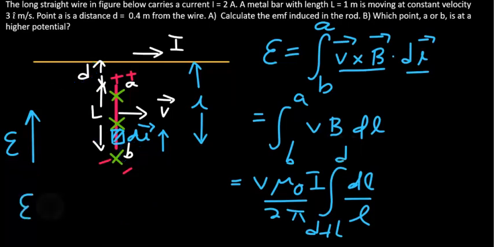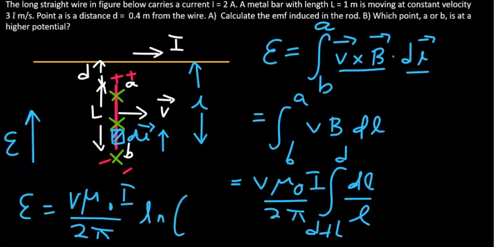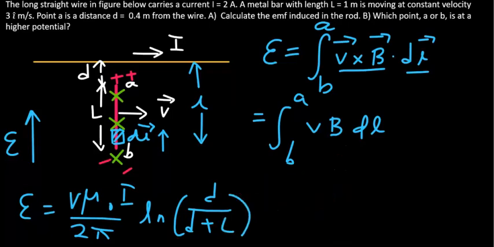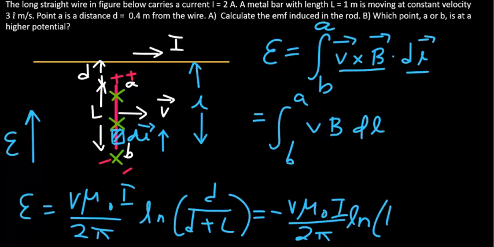So that means the answer is V mu naught I over 2 pi natural log of d over d plus L. Or you can simply write it as minus V mu naught I over 2 pi natural log of 1 plus L over d.